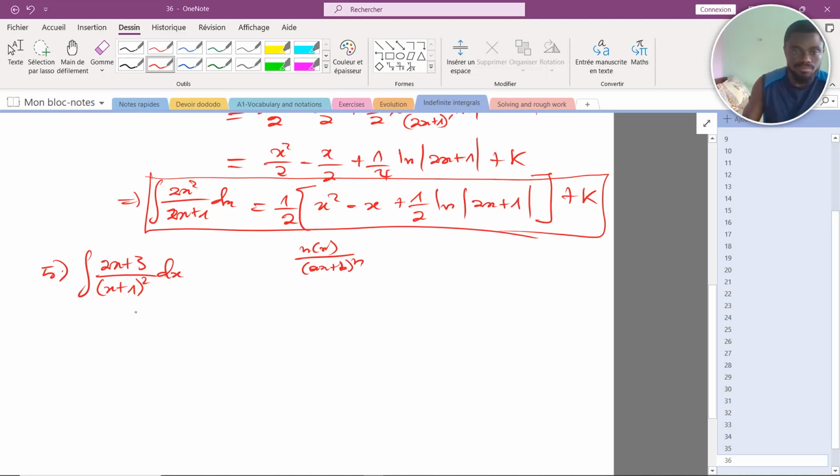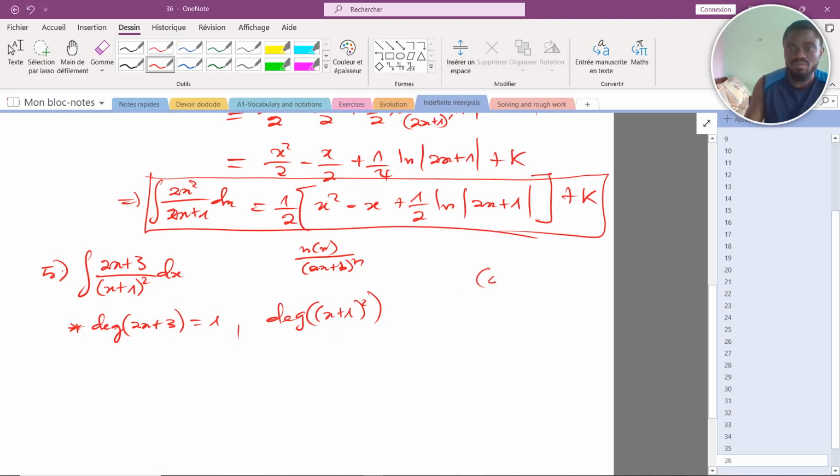We know that the degree of 2x + 3 is simply equal to 1. The degree of (x + 1) squared? The highest power of x, if you develop it, will always be what is at the top here.